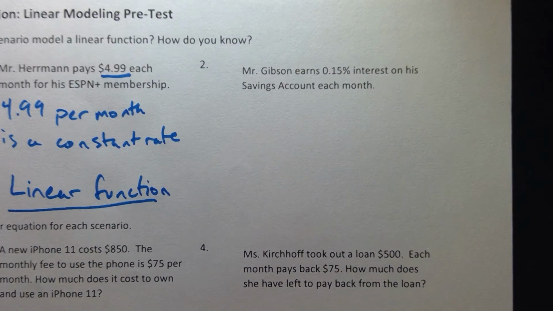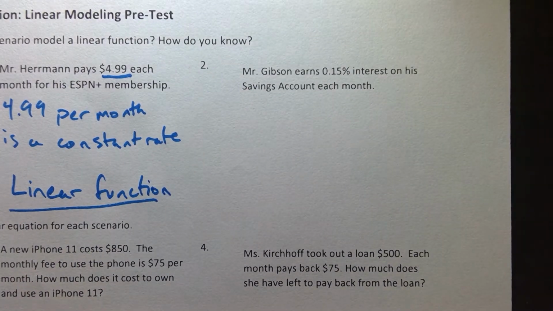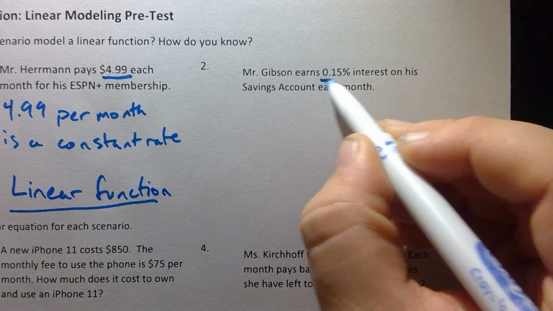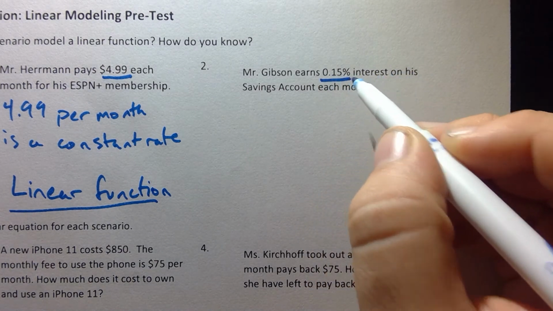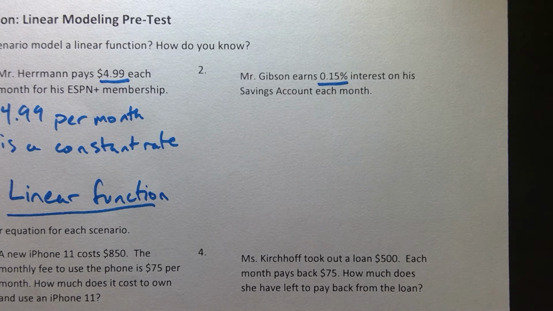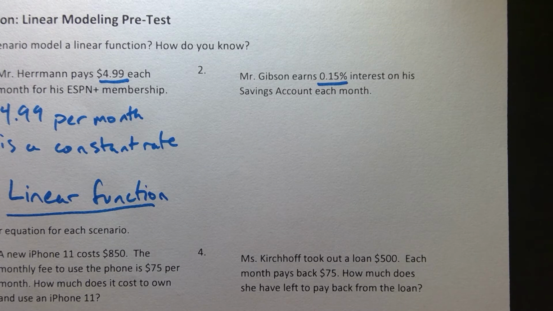All right, so Mr. Gibson earns 0.15% interest on his savings account each month. So we're looking here at our 0.15%. And if you remember from what we talked about yesterday in exponential modeling, that percent says that percent growth is always going to be exponential.